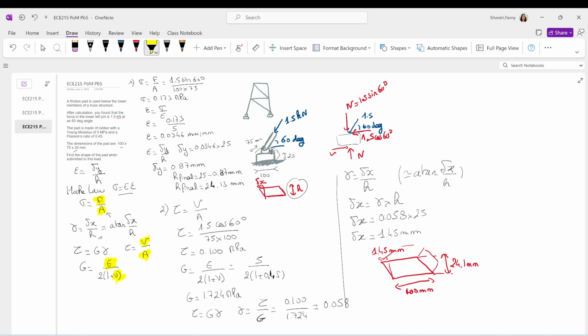So starting from those formulas, we found the delta x, the strain in both directions, shearing strain and stress, and normal strain. We ended up finding this little difference of dimensions for the height and for the angle due to the shearing. Hope that makes sense.